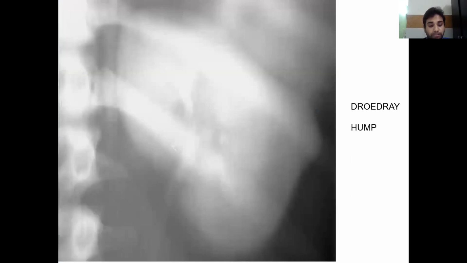Dromedary hump. Dromedary humps are prominent focal bulges on the lateral border of the left kidney.